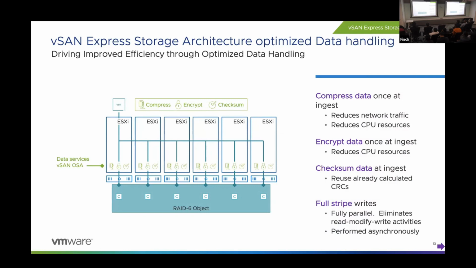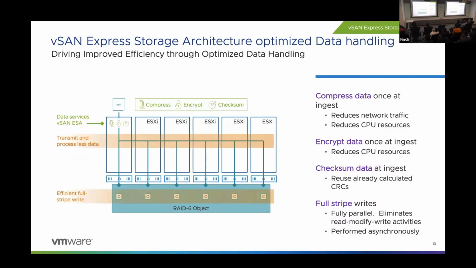But with vSAN ESA, at the time of ingestion only, the checksum, encryption, and compression, all three are done. So it reduces your compute and network resources. It reduces the overall overhead, and it reduces the time taken for any data to write to the object. So this is one thing.